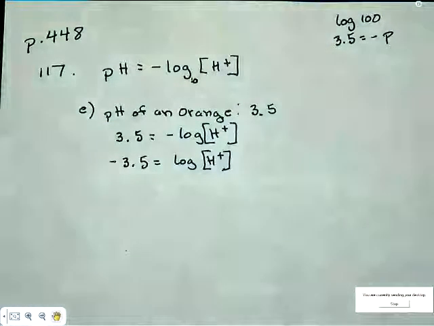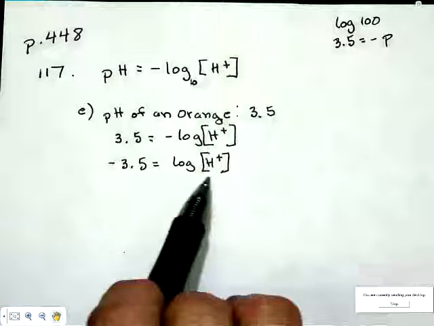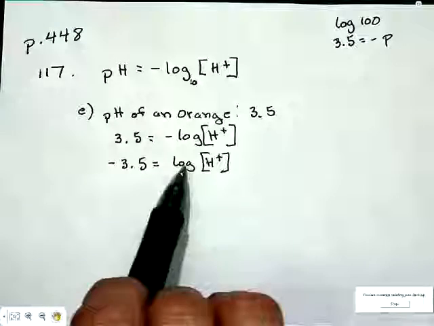Now, can anybody think of how to solve for that H plus? Exponential. Yes, change it into exponential form. Now, the book has that 10 written for you, but even without it, you should know that this log with no written base means base 10.